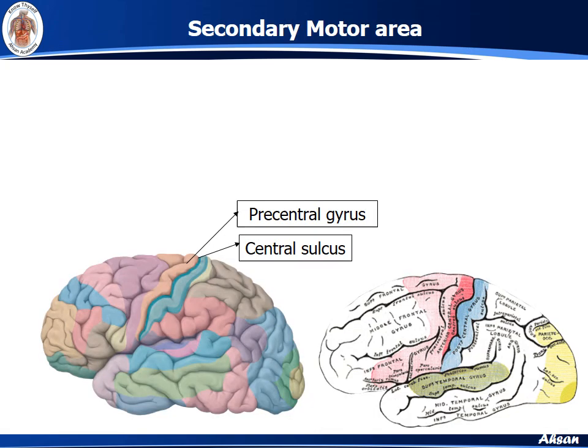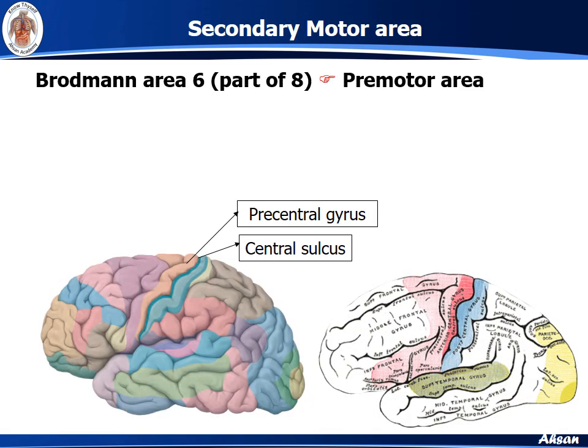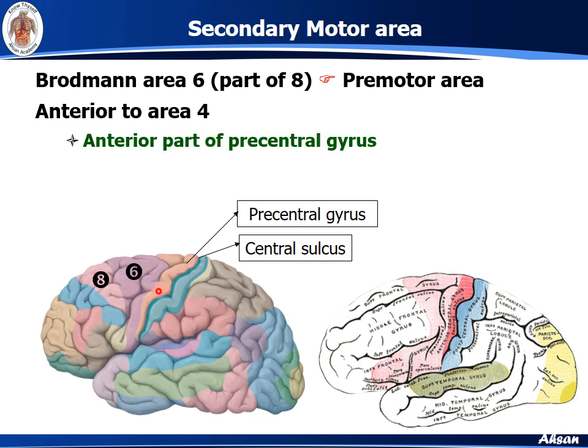Secondary motor area. This is Brodmann areas 6 and 8, also known as the premotor area. This is situated in front of the precentral gyrus. You can see this is the central sulcus. It is area 4 that is present here, and anterior to area 4, areas 6 and 8 are situated.